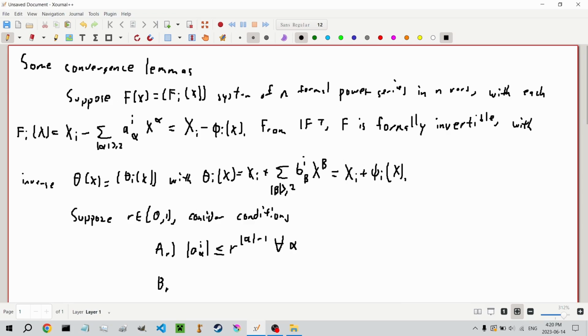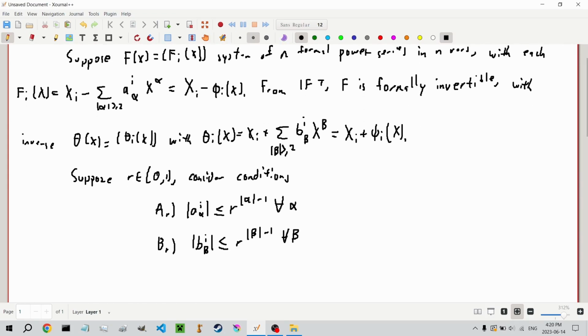And secondly, essentially stating the same condition for our b beta, BR, and this is, of course, for all of our indices beta.